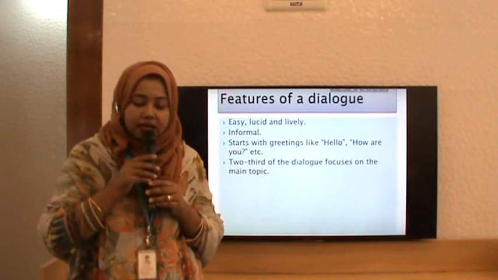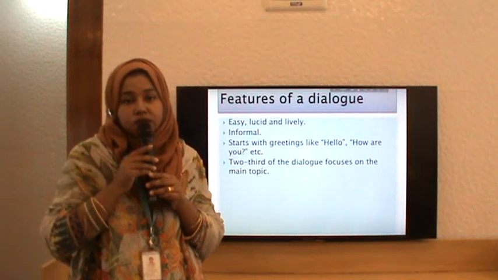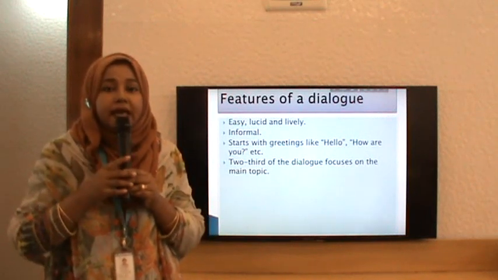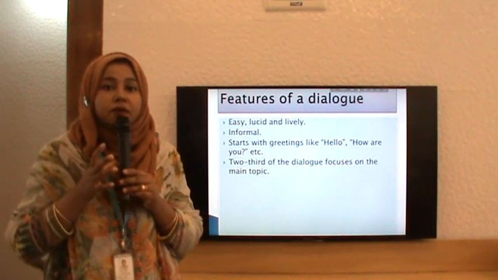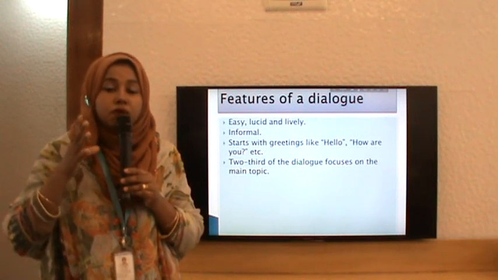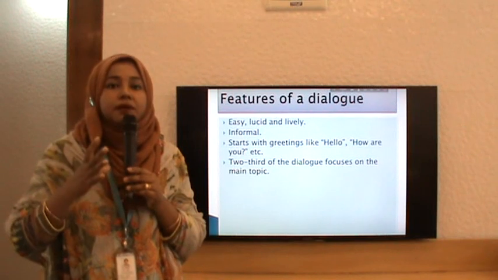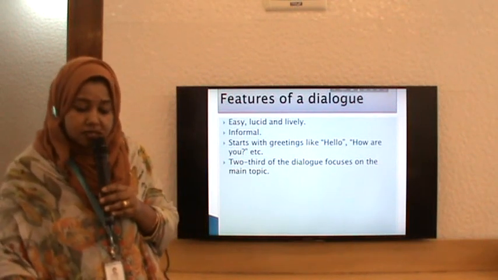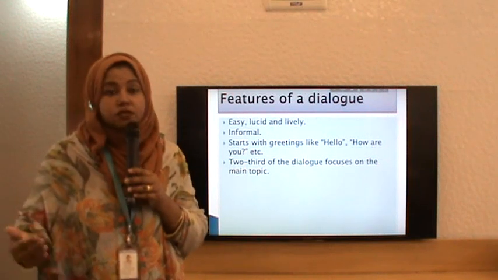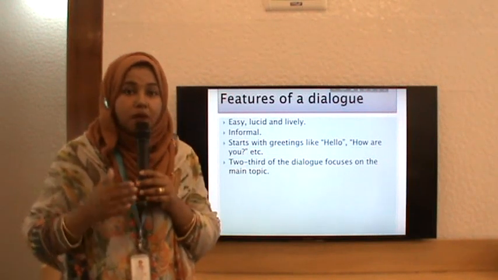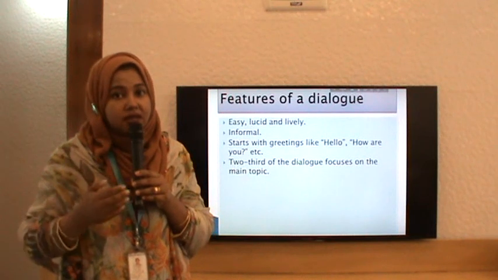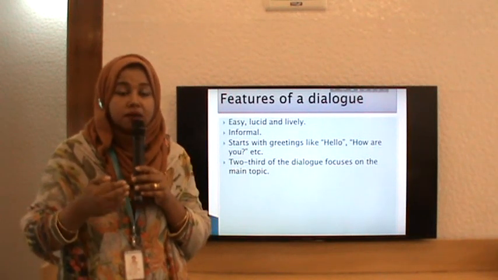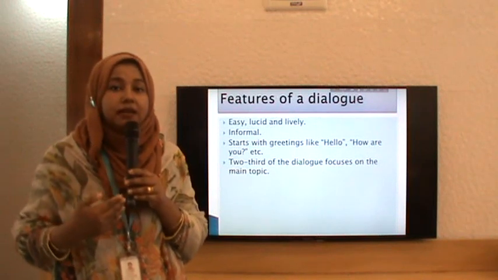Two-thirds of the dialogue focuses on the main topic. Actually, when we are asked to write a dialogue, we are given a topic, and that topic is very important. So most of the dialogue will deal with that topic. When I say two-thirds of the dialogue focuses on the main topic, what about the one-third? In the one-third, you are going to start the dialogue, and then you will introduce the topic in your dialogue writing.